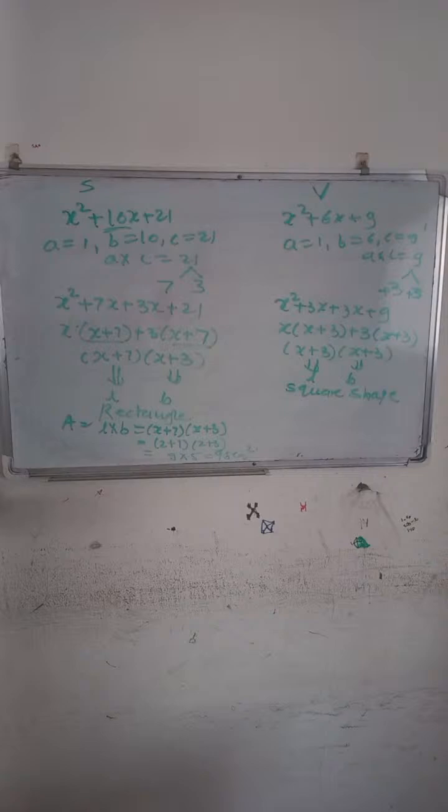So 5 into 9 is nothing but 45. Okay, and in your worksheet that is a misprint. Yeah, that one only. 2 plus 7 and 2 plus 3.